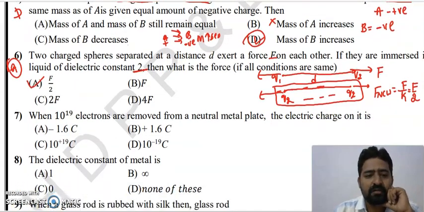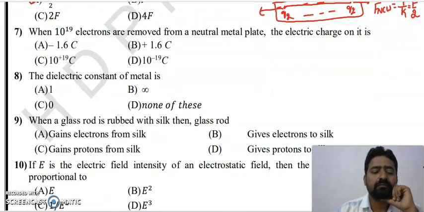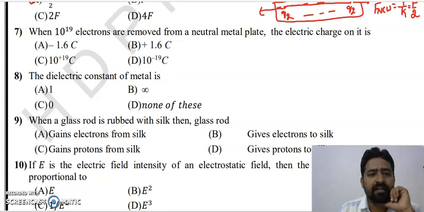So let's move to the seventh question. When 10 to the power of 19 electrons are removed from a neutral metal plate, what is the charge? N is given, N is equal to 10 to the power of 19.